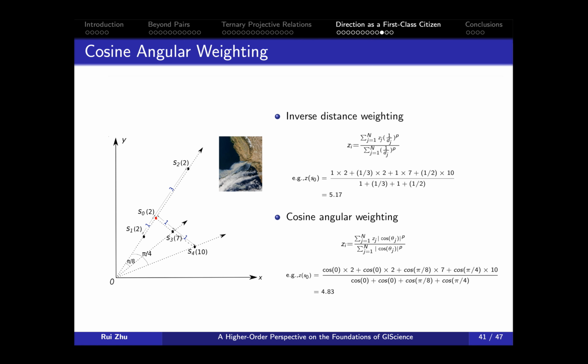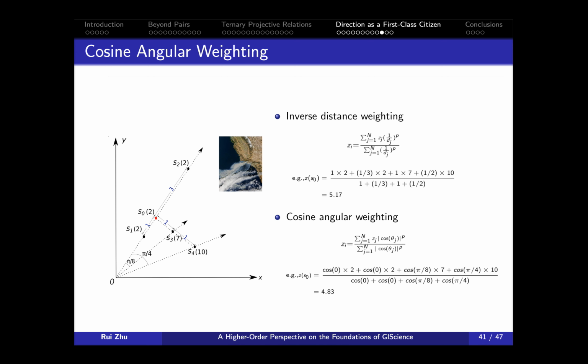Here, imagine we observed the smoke level at 4 locations, S1, S2, S3, and S4. We want to use them to estimate the smoke at the unknown location S0. By using inverse distance weighting, since S3 is closer to S0 than S2 to S0, S3 will have a larger weight in the model.